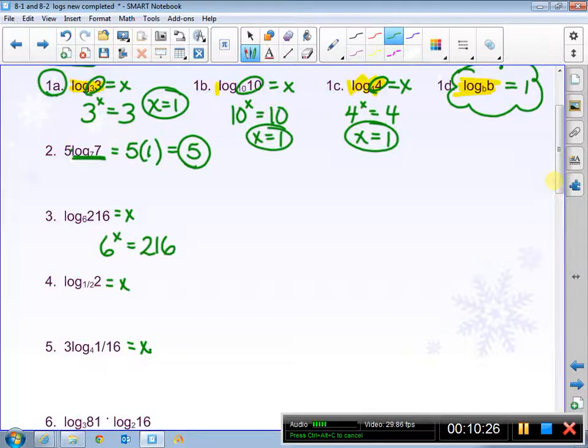And 6 to what power is 216? Try a couple on your calculator. You might know that 216 is 6 to the third power, so x equals 3.